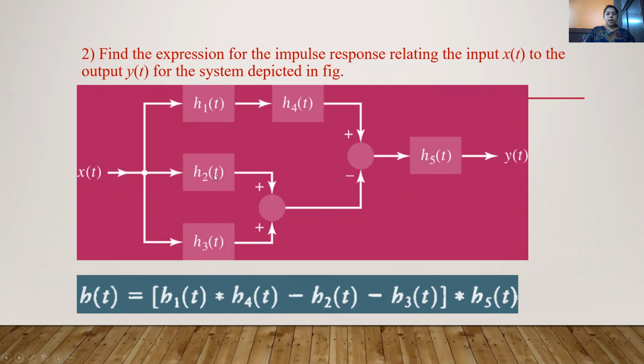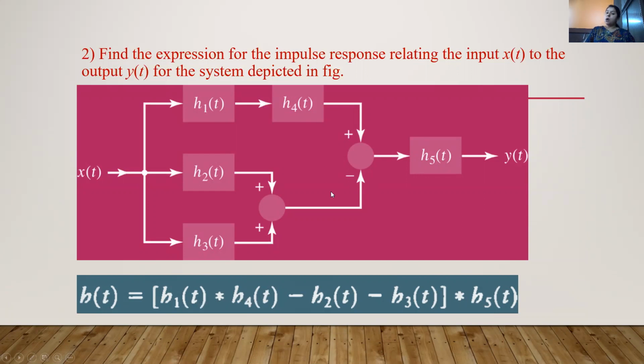Now you just see H2 and H3 are in parallel. H1 and H4 are in series. So here it will be H1 convolution H4. That's what I wrote, H1 of T convolution H4 of T. Then this is minus.